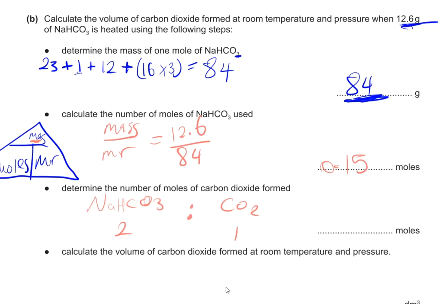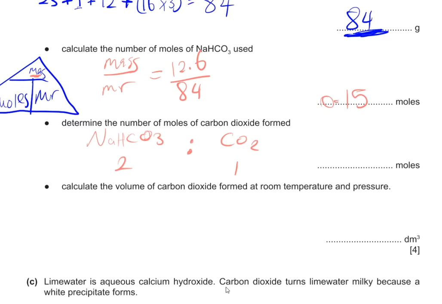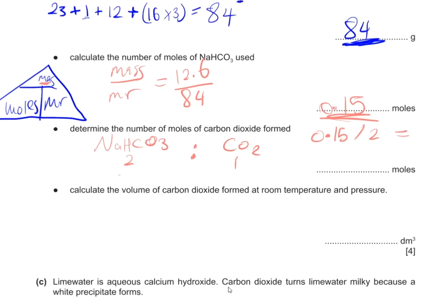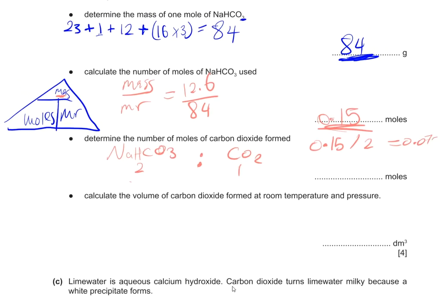So for each 2 moles of sodium hydrogen carbonate, we're gonna have 1 mole of carbon dioxide. Therefore, we're gonna divide this number by 2. So it's 0.15 divided by 2, which gives us 0.075. So that's 0.075.